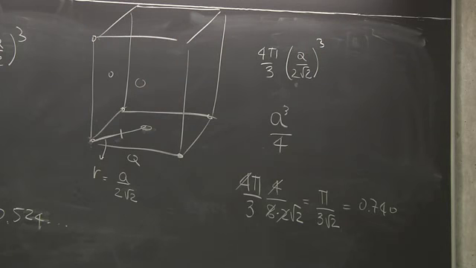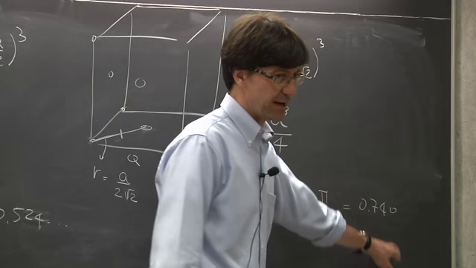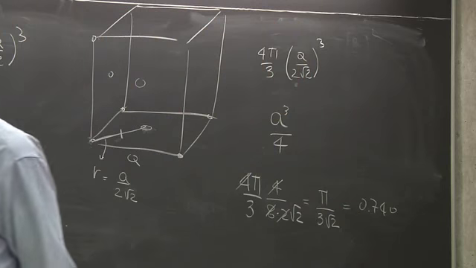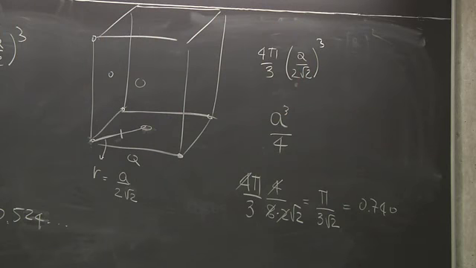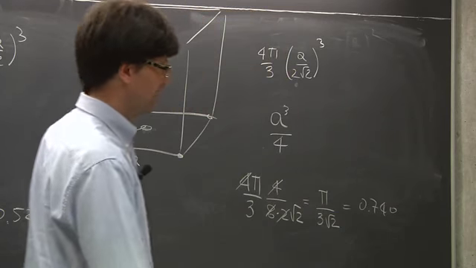We've done a much better job, but we're still at 74%. Right? There's no better way to pack spheres in 3 dimensions. And if we pack spheres in the closest possible way, we leave 26% of empty space in doing that. No way.